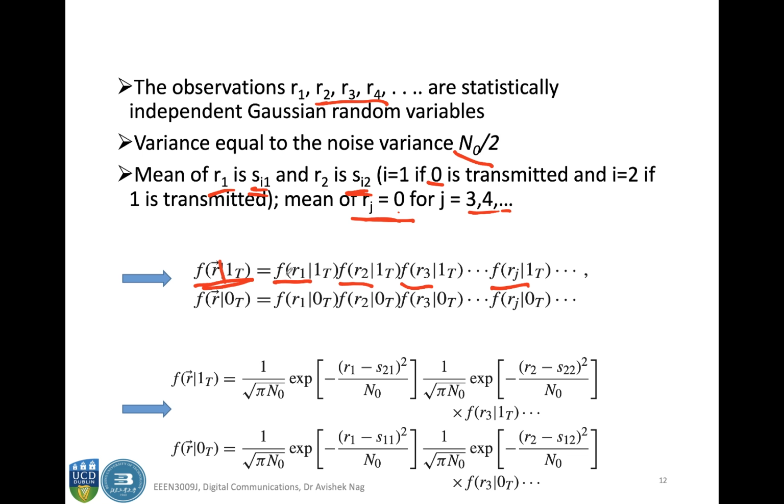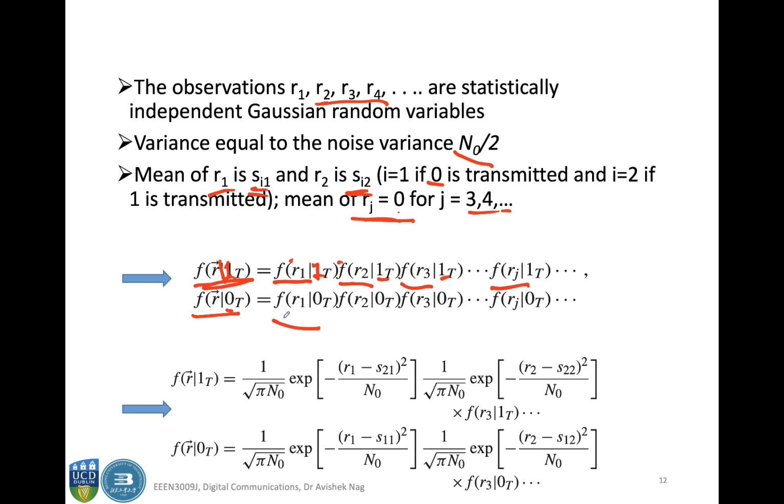R has all these components R1, R2, R3, etc., and they are all independent, so you can write it as the product of the individual PDFs. Similarly, for this one also you can write this. The condition that 1 was transmitted remains everywhere.